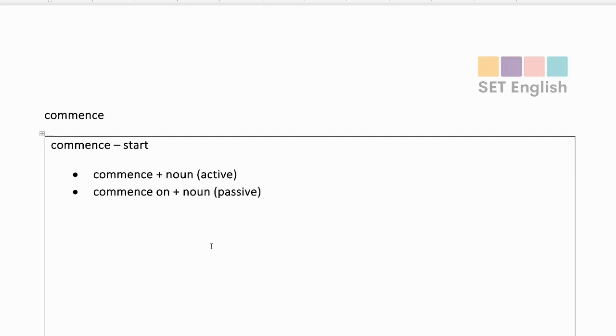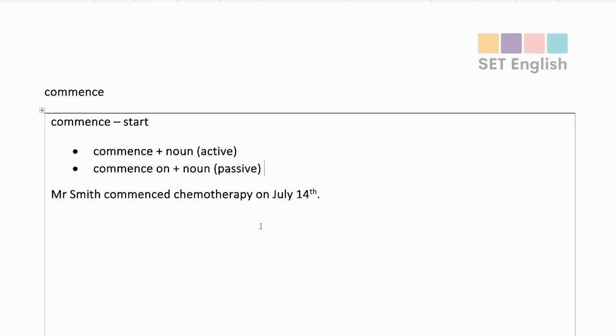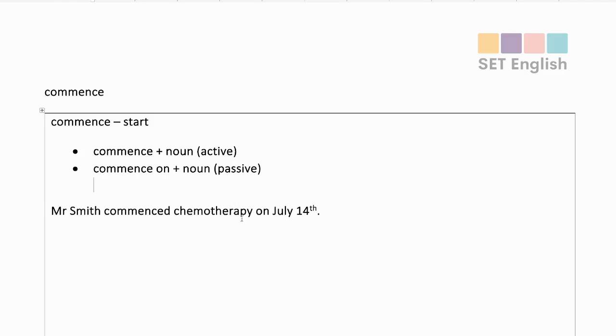So, let's take Mr. Smith again. Mr. Smith commenced chemotherapy on July 14th. Okay, brilliant. But if I want to say that Mr. Smith is the object, okay, and that it happened to him, I would say Mr. Smith was commenced on chemotherapy on July the 14th.